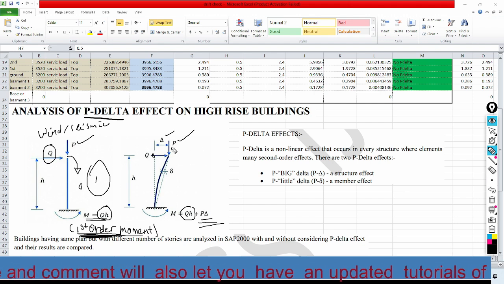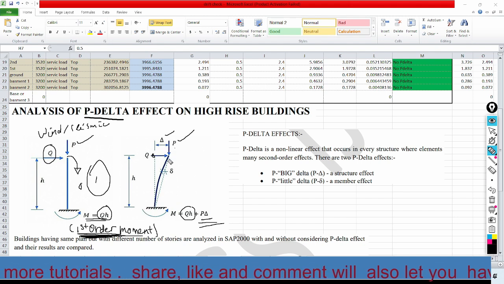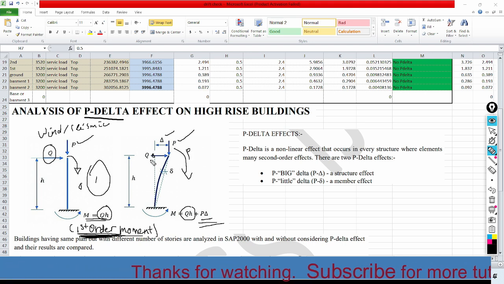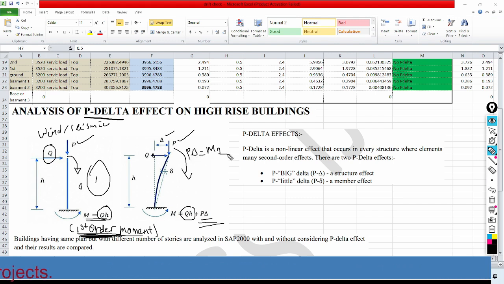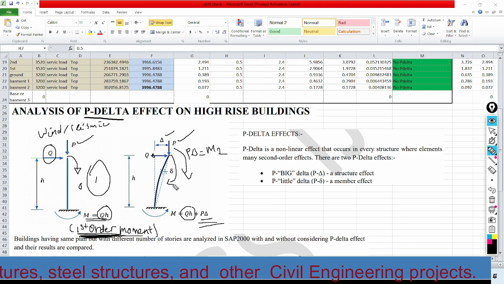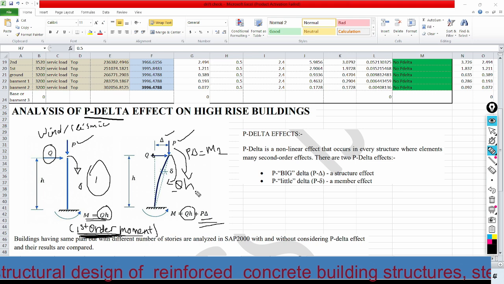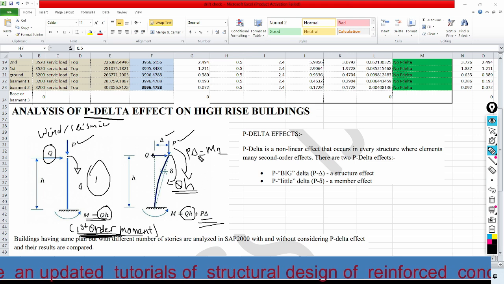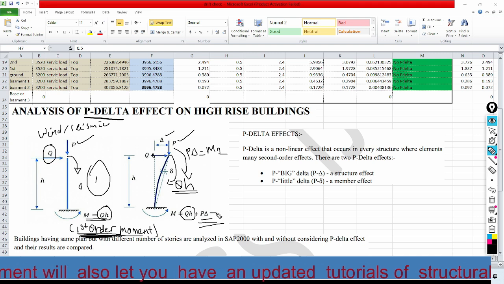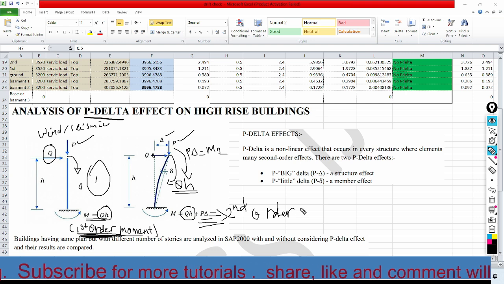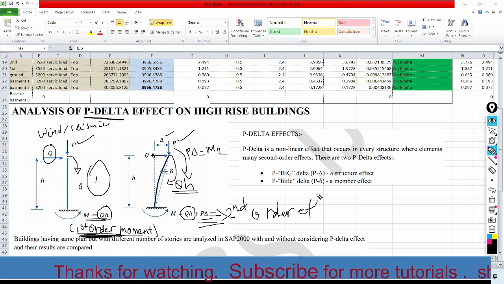Both moments act in the clockwise direction. P times delta is the secondary or second order moment, and we also have Q multiplied by H. So Q times H plus P delta is called the second order effect.